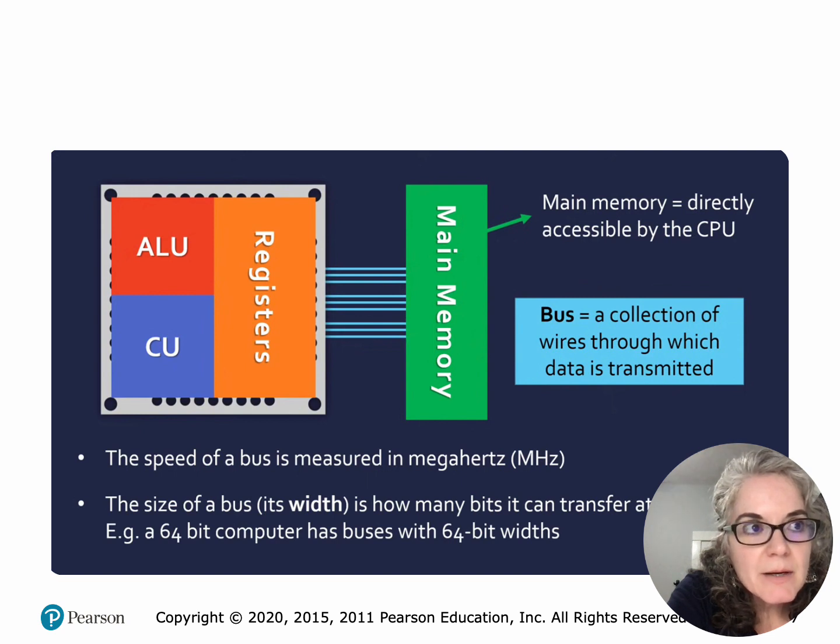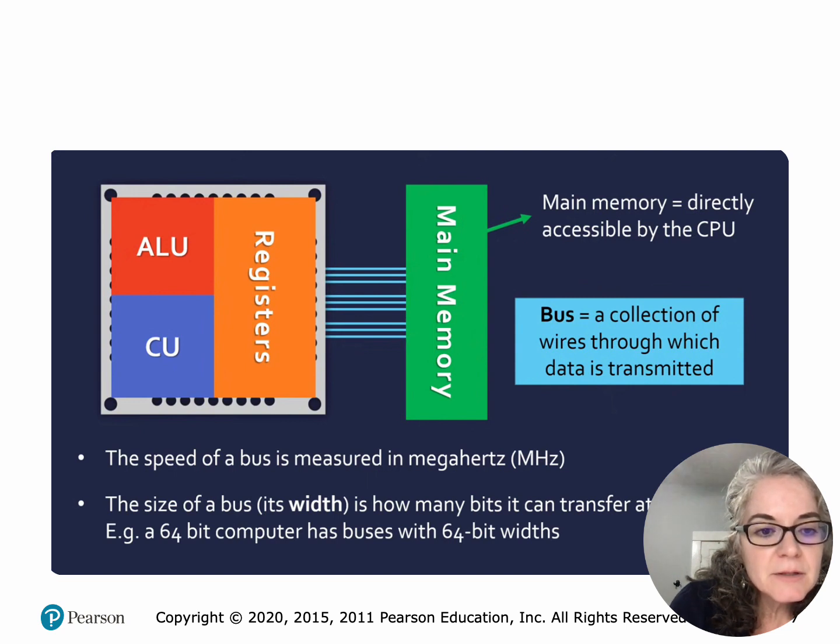Depending on how big the bus is, it determines how many bits of information it can transfer. If you look at these lines here, they're called lines in computer terms, not just because it's a line, but a collection of lines.